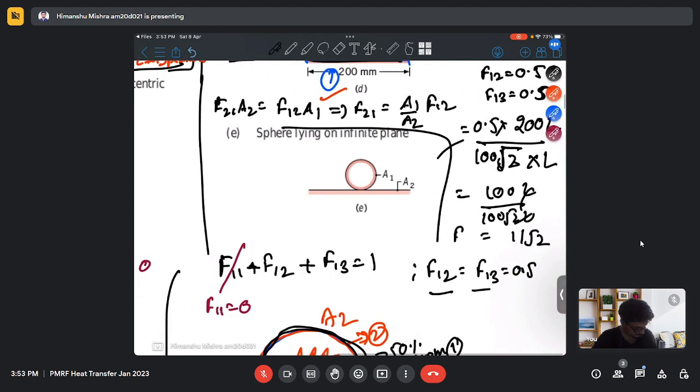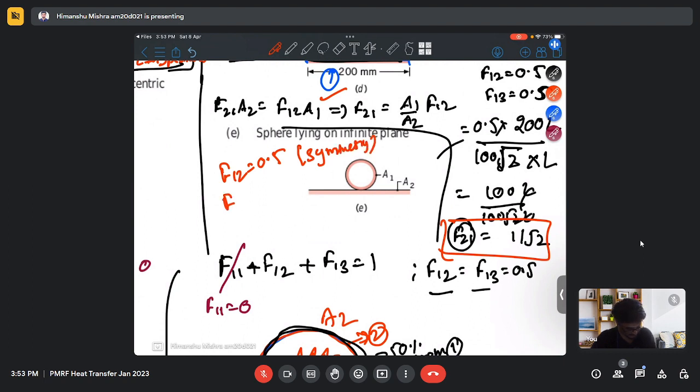So this is my F21. So my F12 is 0.5 from symmetry, and my F21 is 1 by root 2 from the reciprocal theorem.